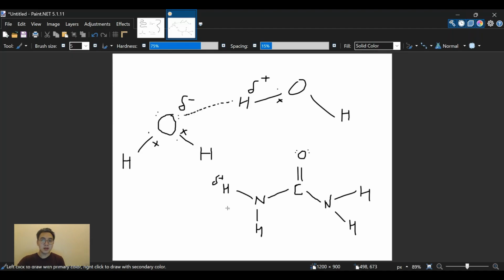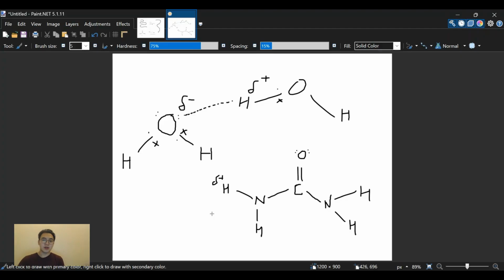If you have done content on lone pairs already, then you can also explain this by saying nitrogen has 5 electrons in its outer shell. 3 is occupied, 1 for each hydrogen and 1 for the carbon covalent bonds. So it has 2 electrons left, forming a lone pair. And a lone pair is delta negative, and it can also bond with a delta positive hydrogen. You could say that.